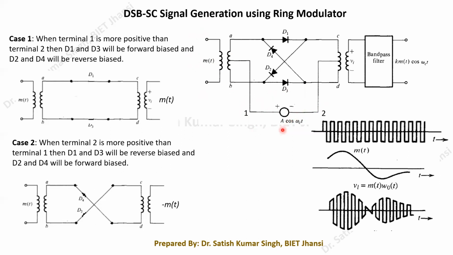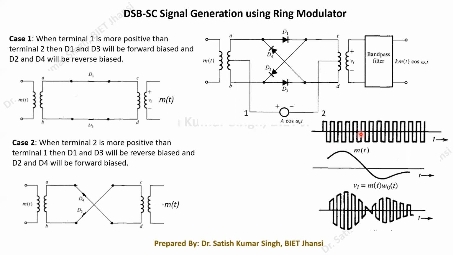Here I have written A cos omega c t. Basically this carrier I can represent as c(t), and that c(t) is actually this square wave. This type of square wave we have to connect. Instead of connecting A cos omega c t, we have to connect this particular square wave.